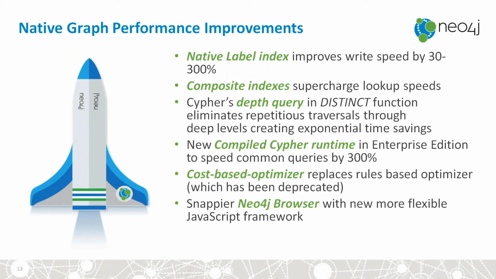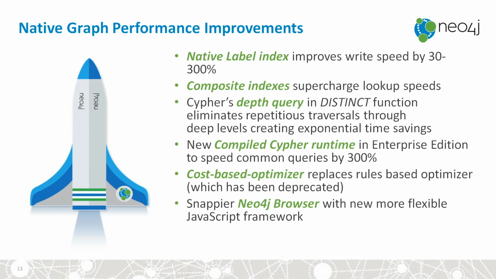What this means is we wrote our own indexing scheme for the label index so that we could control the behavior of a write or an update to the database. And what we're seeing in typical situations is about a 30% improvement in performance. But in other cases, we've seen as much as a 300%, or 3x, performance improvement in that particular activity.